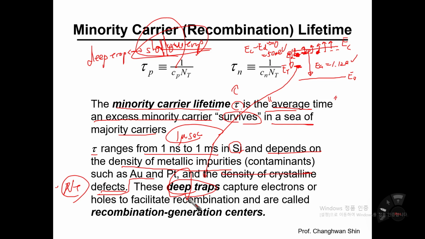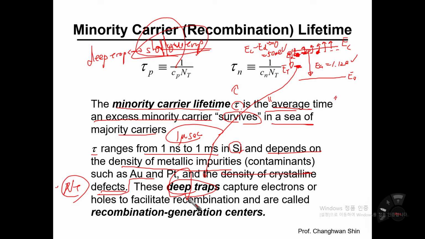So this deep trap can become the recombination-generation center, because recombination-generation is always associated with a huge amount of energy. Why huge? The donor and acceptor ionization energy is just a few tens of millielectron volts, which is about 1 to 5% of the band gap energy.